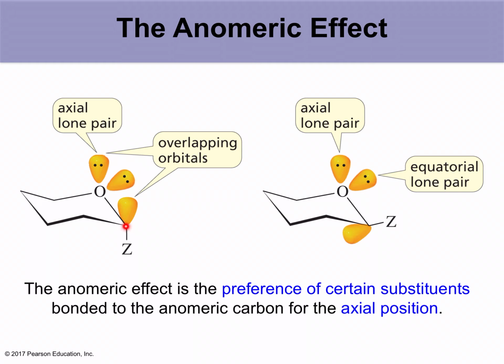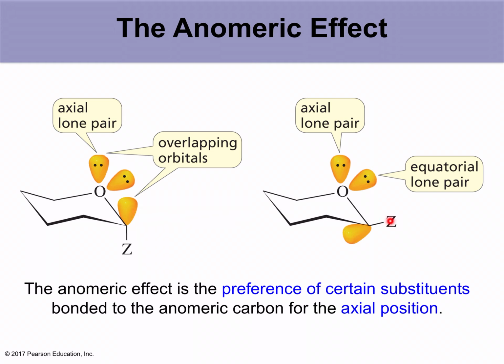Now if the glycosidic bond is axial and you have oxygen carbon over here, there is a possibility that this lone pair can overlap with the empty sigma star antibonding orbital on this place. So that overlap helps to spread out the electron density.